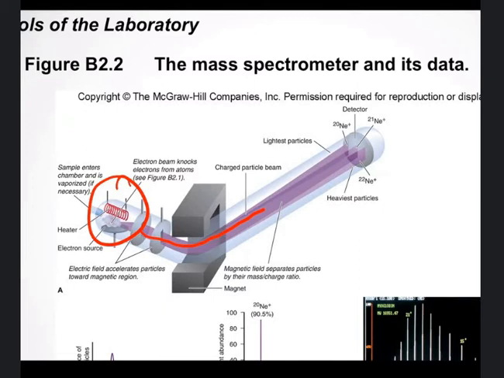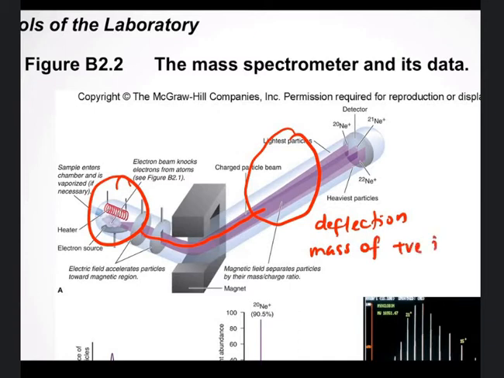Yang mana the next stage, you can see kat sini, the positive ions will be deflected. Yang mana dia punya deflection ni adalah based on mass of positive ion. Okay, dia akan dipecahkan mengikut berat, yang mana the analogy is mungkin the lightest particle will be on the left, the heaviest particle will be on the right. So dia akan deflect lah.